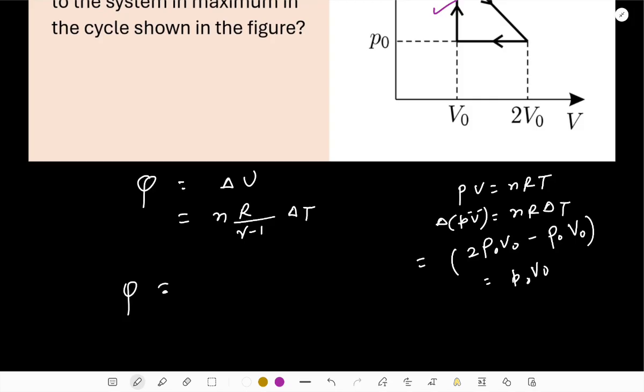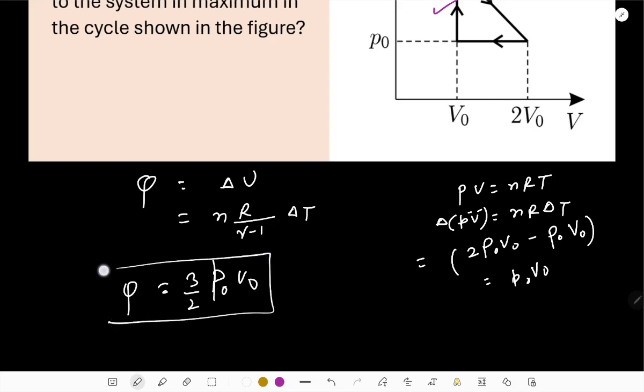That means 1 by 2 by 3, that will be 3 by 2. 1 by gamma minus 1 is 3 by 2, and nR delta T is simply P naught V naught. Heat, not work done. Work done is 0 here.